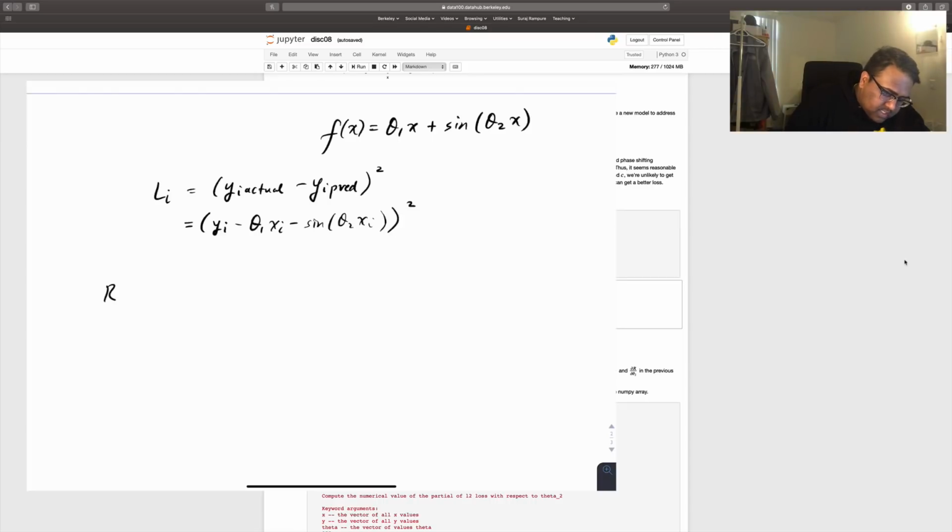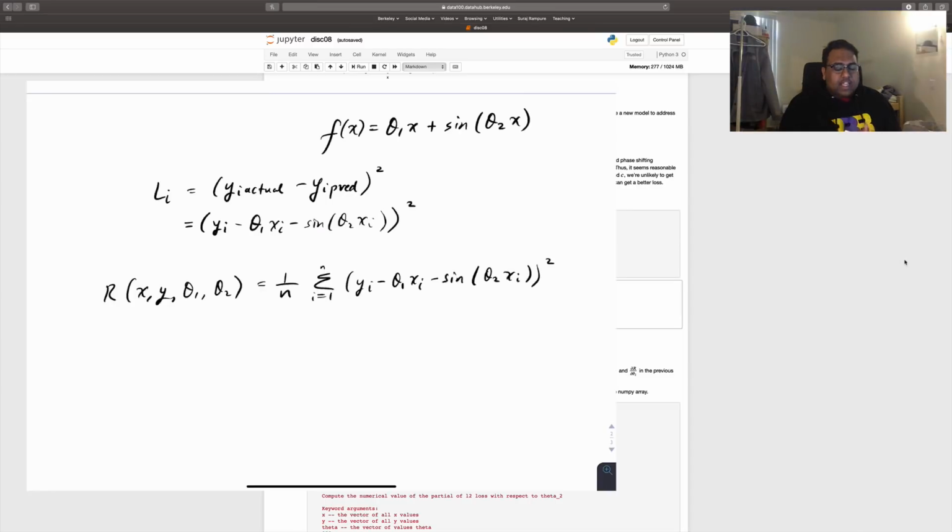And so then our risk, in terms of all of our x's, all of our y's, theta 1 and theta 2, is the average loss over all of our points. It's the average of this thing, y_i minus theta 1 x_i minus sine of theta 2 x_i, squared. And so what we want to do is find the partial derivative of this risk with respect to theta 1 and with respect to theta 2.